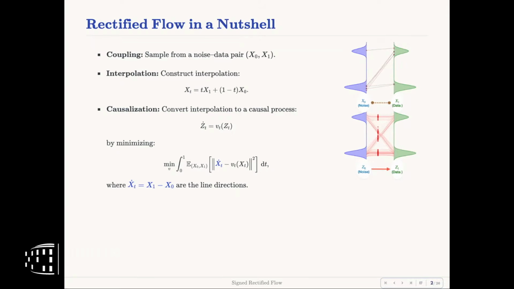You want to find the ODE whose velocity field matches the slope of the interpolation process as much as possible. As you can see, if the interpolation has intersections, it's not going to fit perfectly. As a result, you get this pattern where you have to, in some sense, rewire the crossings to get well-defined trajectories for ODEs. This is what happens.